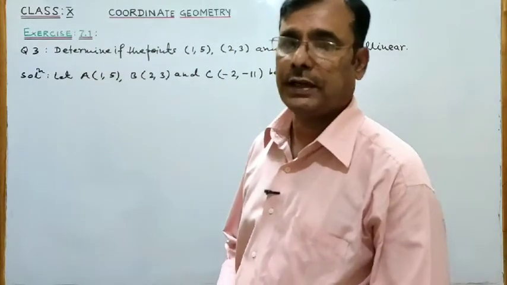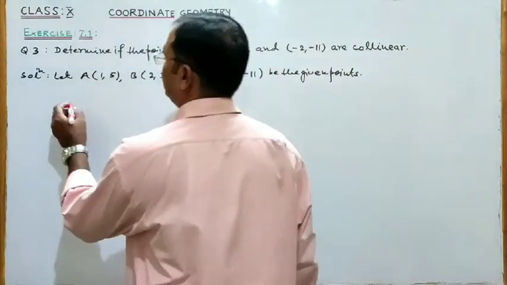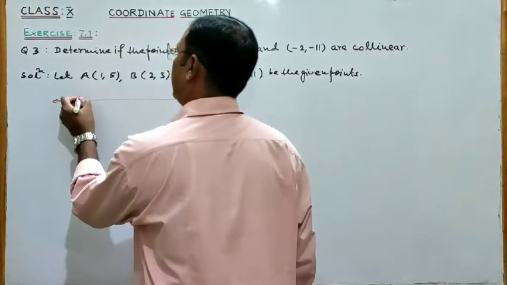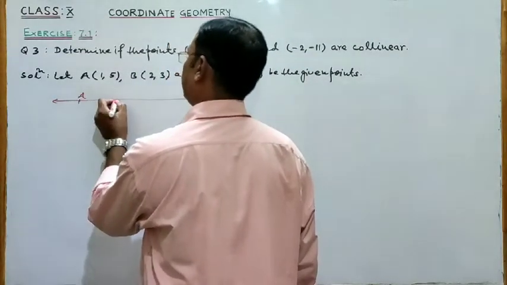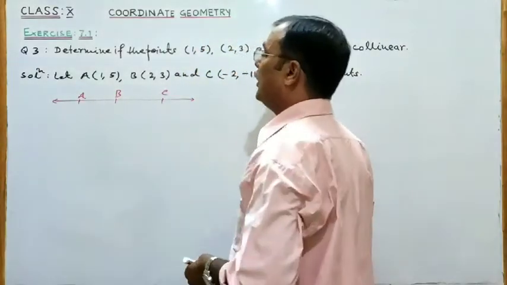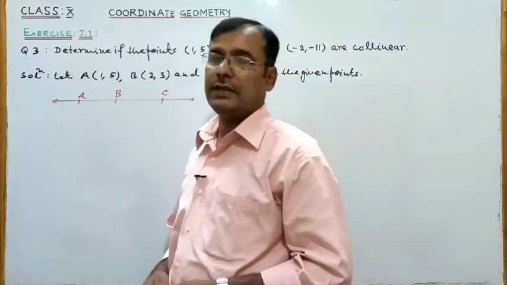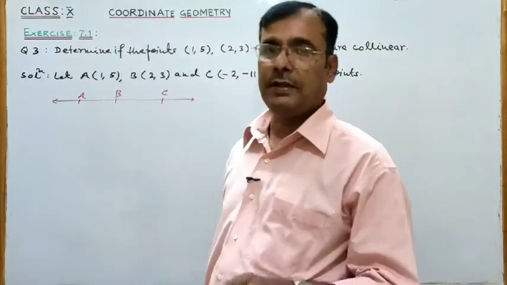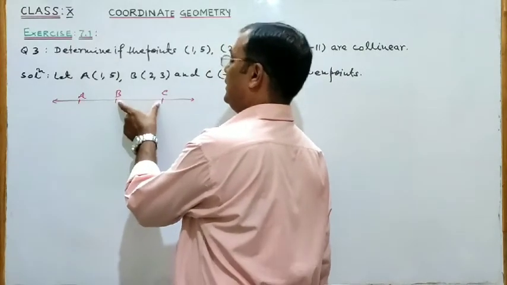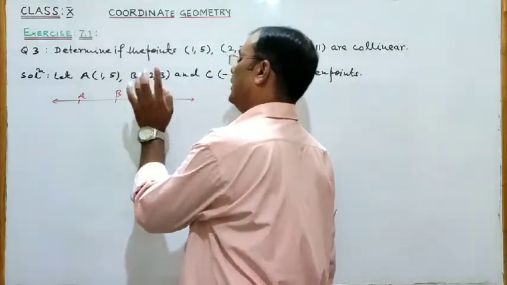When 3 points are collinear, that is, if ABC 3 points lie on the same line, then AB plus BC should be equal to AC.